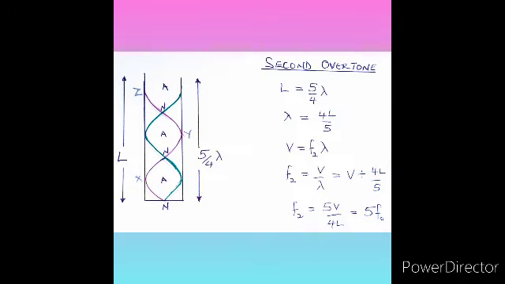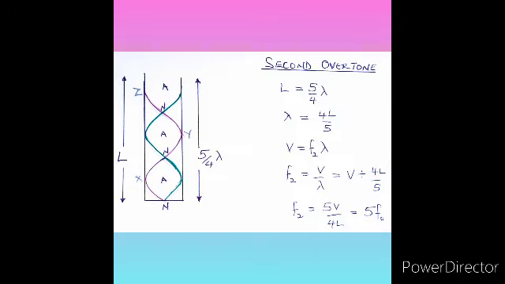So that is 1 plus a quarter of a wavelength, which is formed from N to Z. So 1 plus 1 over 4 gives us 5 over 4 lambda. So we say that the length equals 5 lambda over 4. So if we make lambda the subject of formula, we have lambda equals 4L over 5.